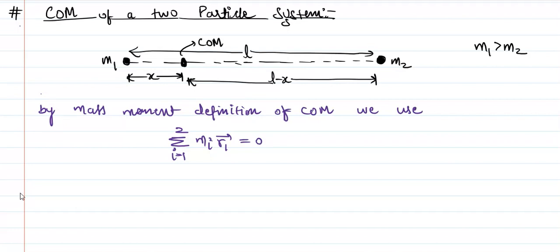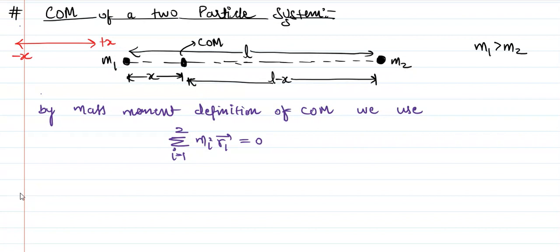Okay, we need to write down the vector. So we can assume that in right direction we have a positive direction. Let us suppose this direction is positive x direction and this direction is negative x direction.